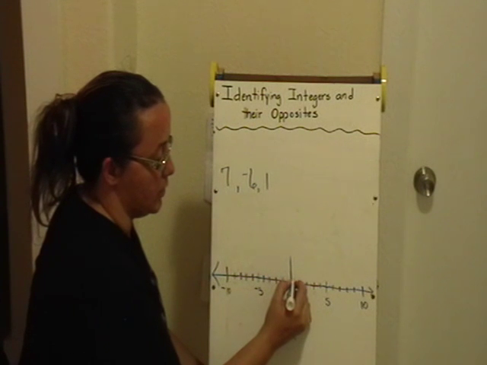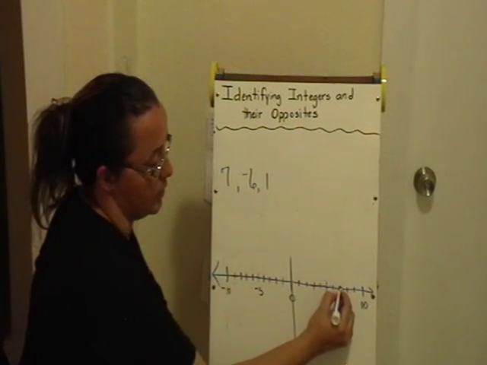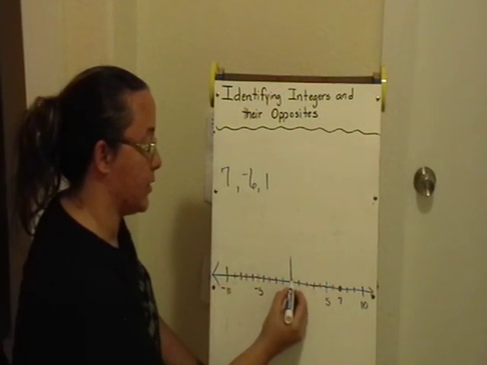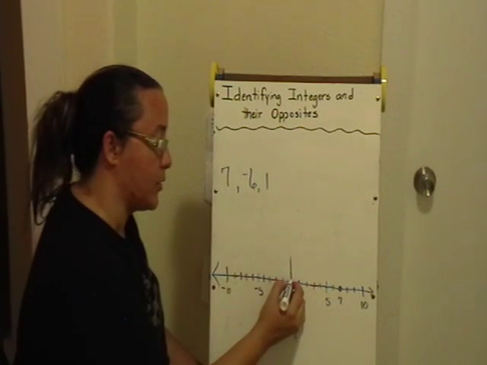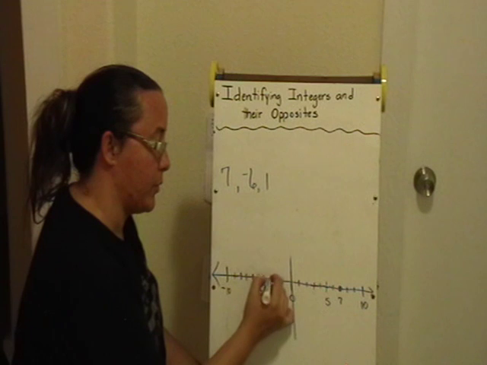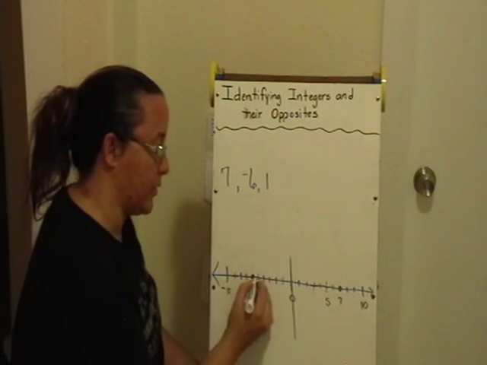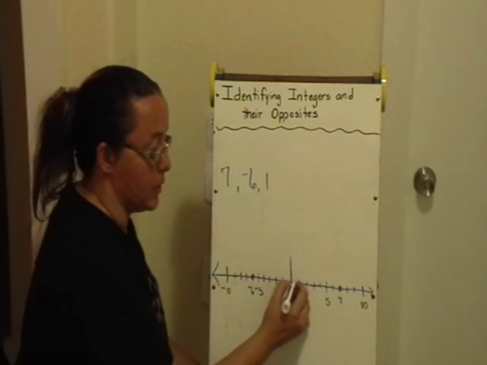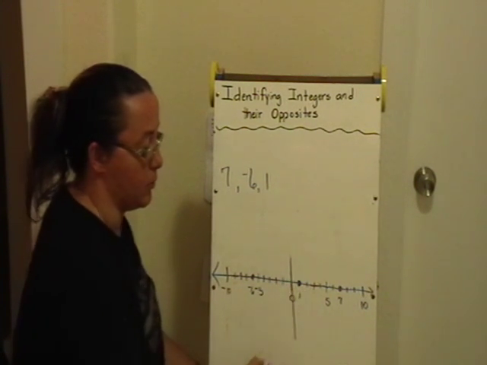We're going to move 7 units to the right. 1, 2, 3, 4, 5, 6, 7. There's 7. Now I'm going to plot -6. This time I'm going to move 6 units to the left. Starting from 0, 1, 2, 3, 4, 5, 6. So that is -6. And the last I'm going to graph here is positive 1. Starting from 0, that's 1 unit to the right, and we have positive 1.